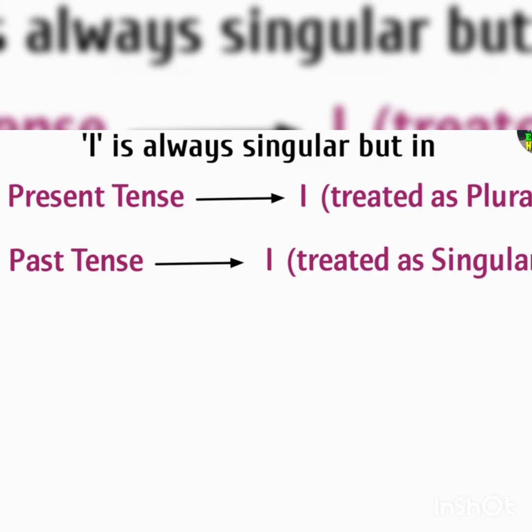And in past tense, it is treated as singular. I was going to market. Okay, so do remember that I is always a singular subject, but when we use it in present tense, we treat it as plural, and when we use it in past tense, we treat it as singular.